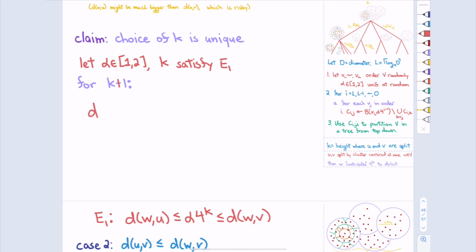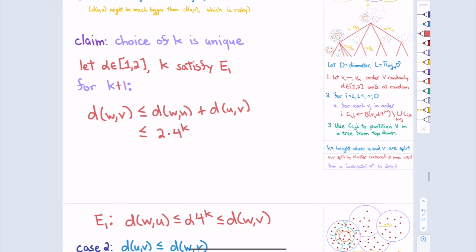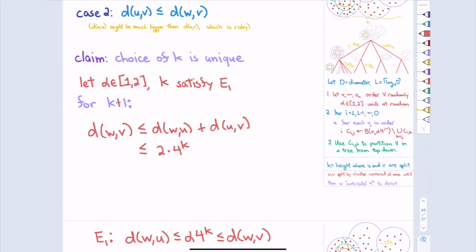If I look at the distance from W to V, this is at most, by the triangle inequality, going from W to U plus going from U to V. And I know that going from W to U was at most 2 times 4 to the k minus 1.